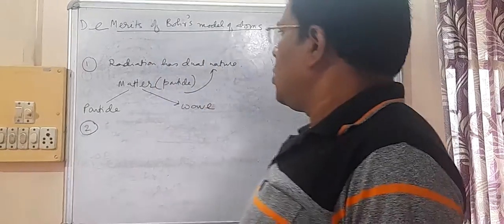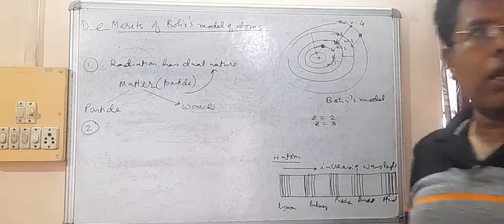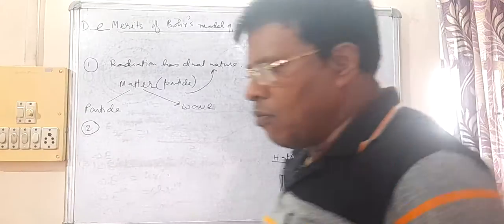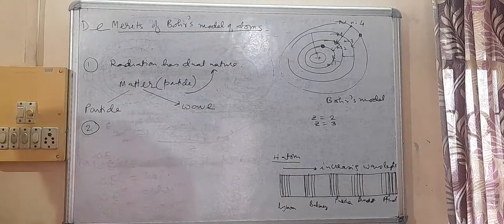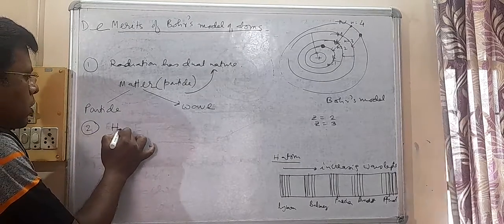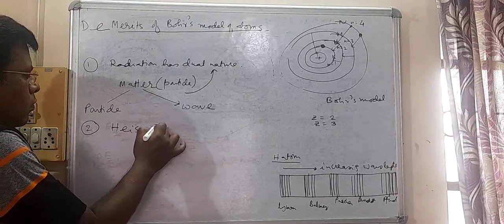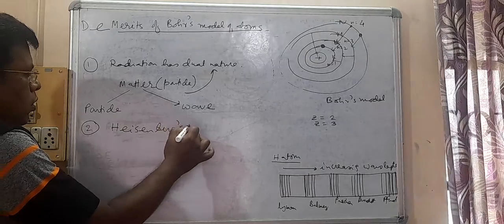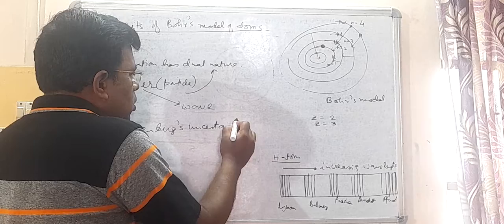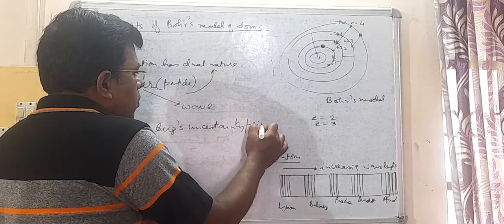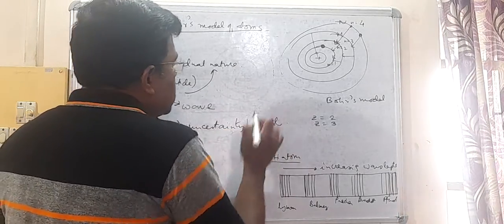Now, due to this dual nature, there arises a modern concept, that is, Heisenberg's uncertainty principle.